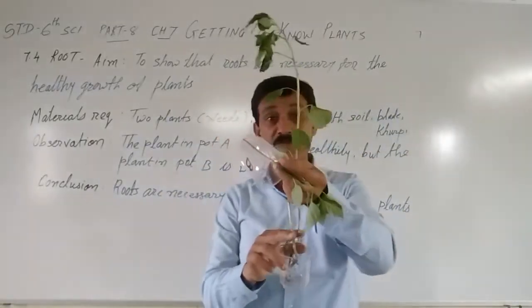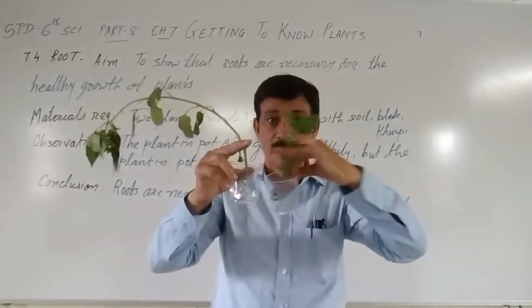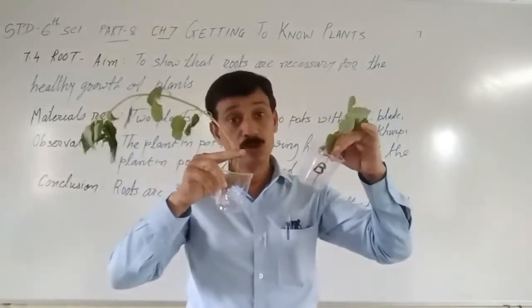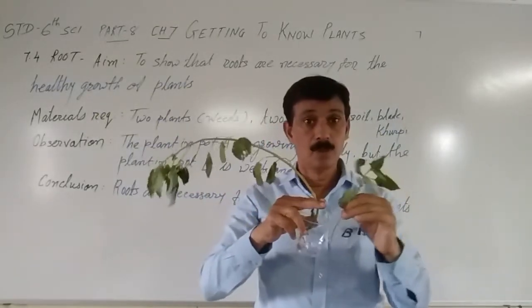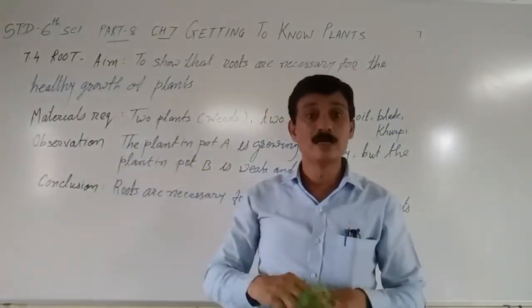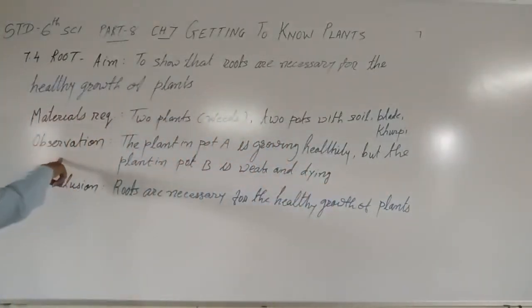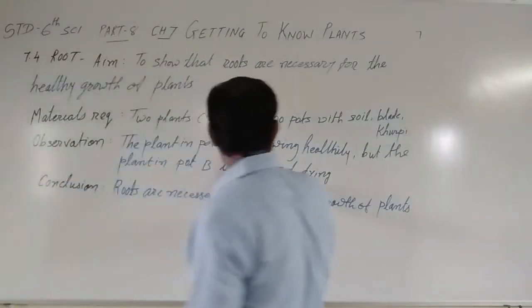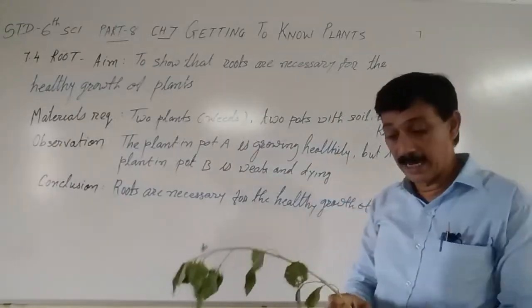Now we should fill it with soil completely, and we will water this for 1 to 3 days. So what will happen? Let's see the conclusion. See, the observation: the plant in pot A grows healthily.